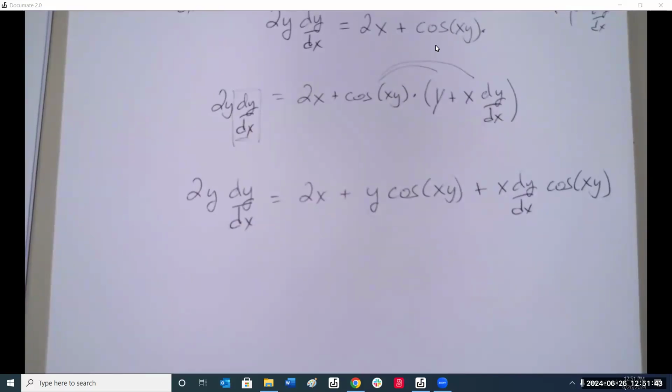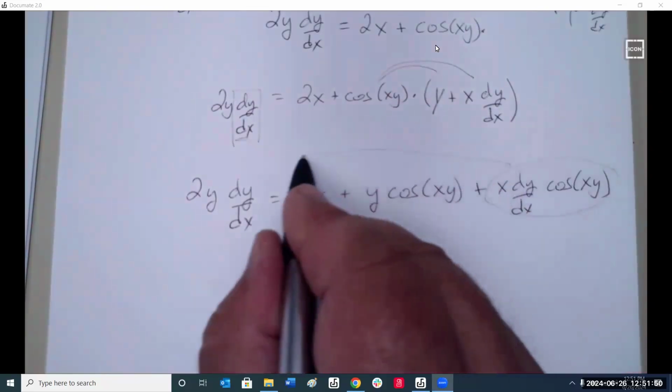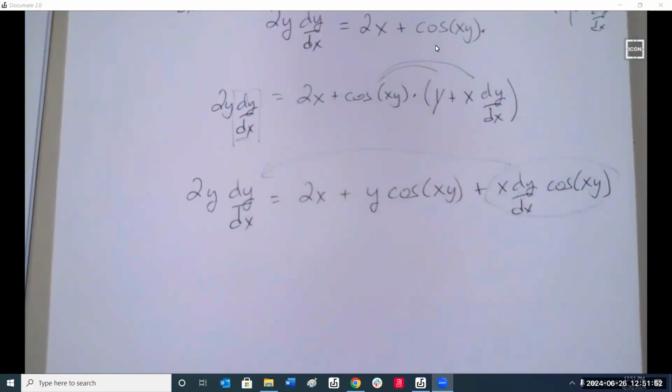We have to get the dy/dx's on one side. So this one has got to come over here to the other side.